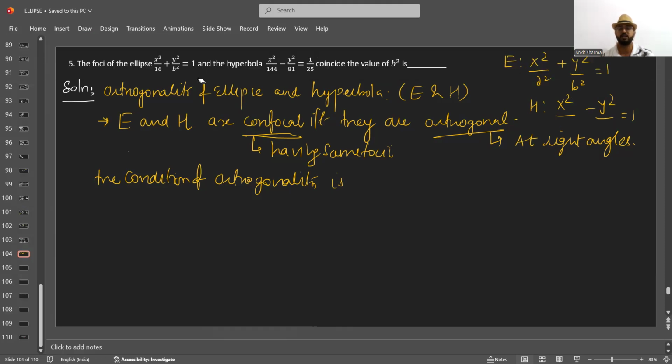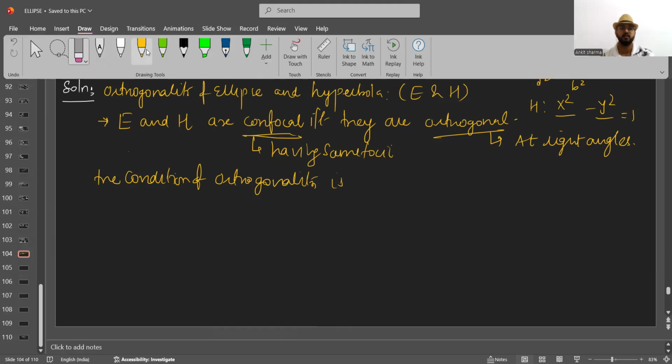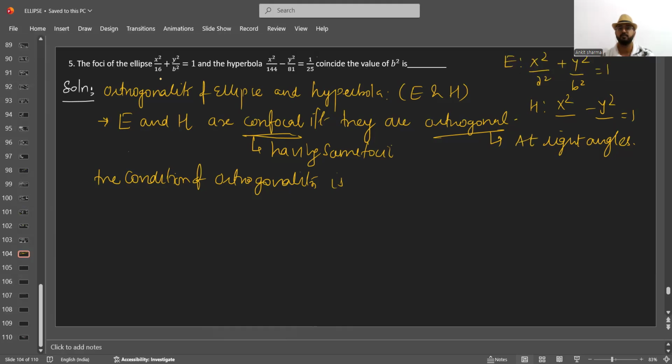Let's rather use some standard different notation, otherwise it's a bit confusing. So I'll write here some c square and d square. So the condition of orthogonality is this. You see here, it is a square minus b square. For the ellipse, you should write minus, and for the hyperbola, you should write plus. This would give you the condition of orthogonality of ellipse and hyperbola.